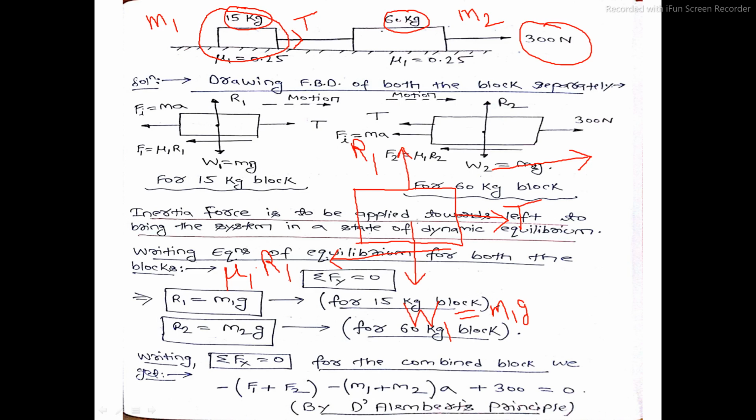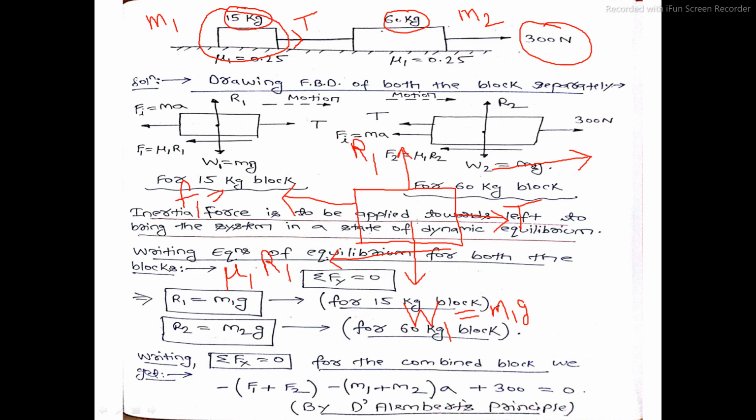Since the motion of the 15 kg block is along positive x direction, the inertia force on this block will act along negative x direction. This is the direction of inertia force.